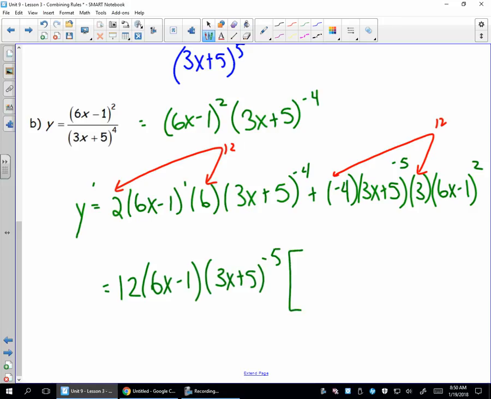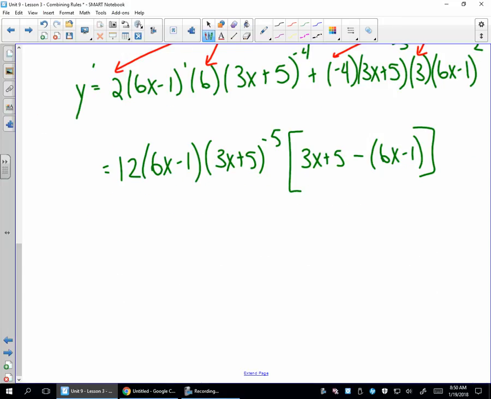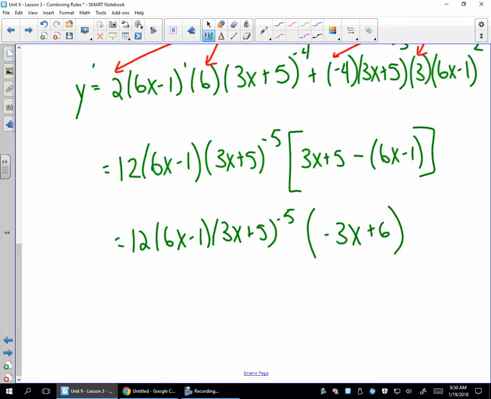Okay, what are we left with? Well, from the first part, just 3x plus 5. From the second part, we got the minus sign and the 6x minus 1. And so our last line, we got the 12. We got our common brackets and our simplified brackets and the same answer.